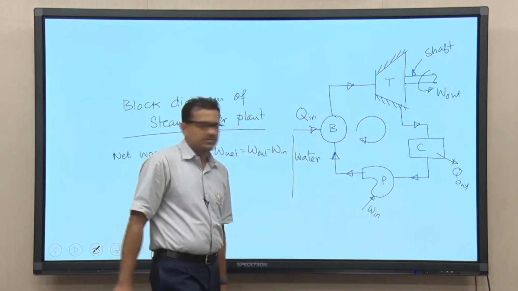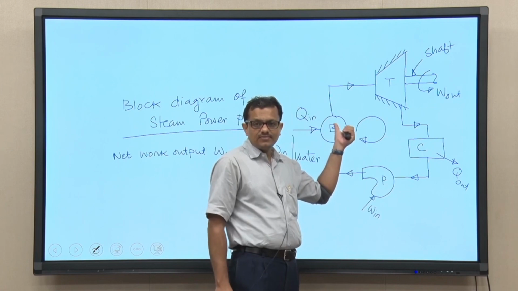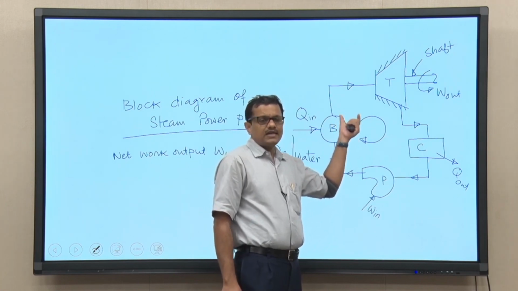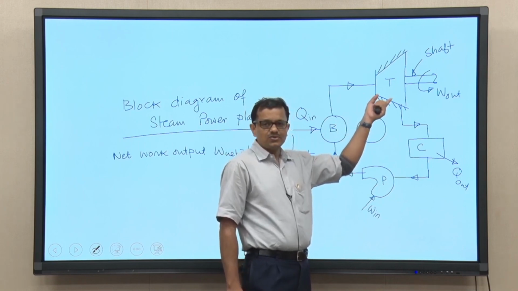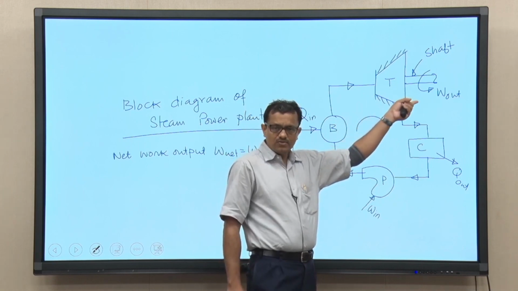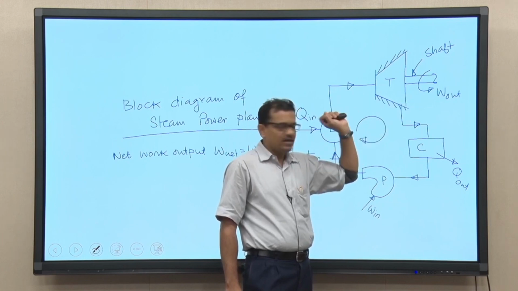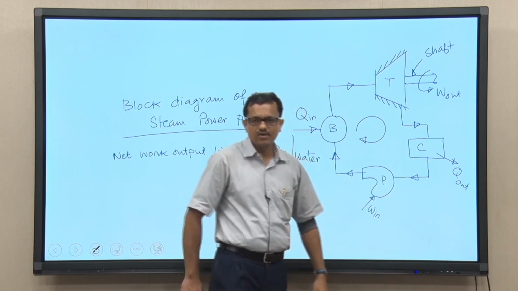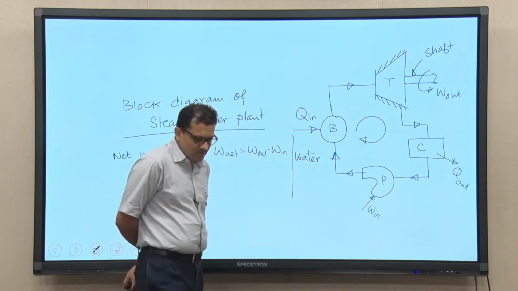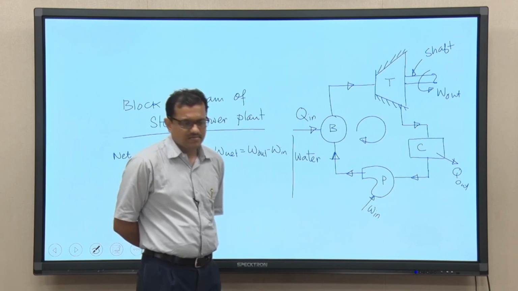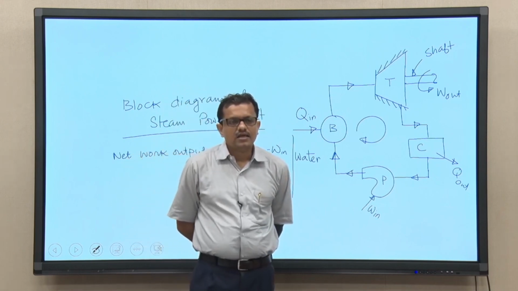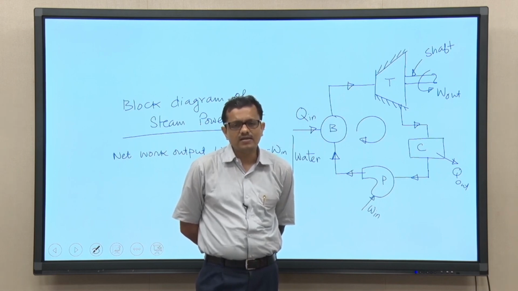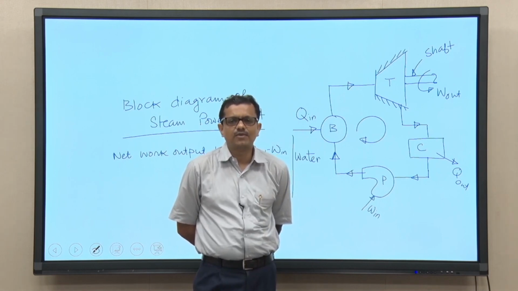Whatever is the case, we are supplying energy and a part of that energy is used to convert to work, while the remaining part of the energy is rejected to the surrounding. So, it is somehow contradicting the feasibility of operating a power plant, essentially from the economical point of view.